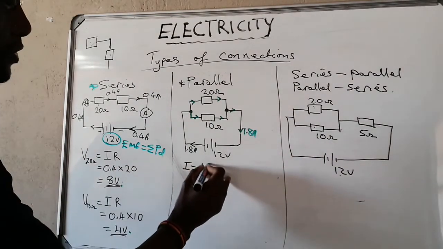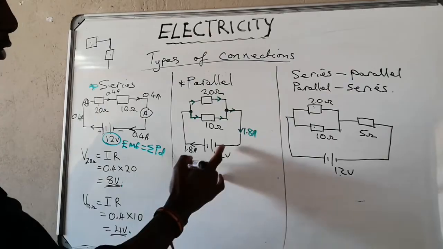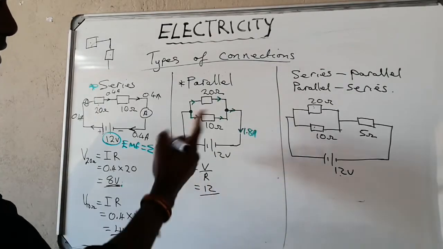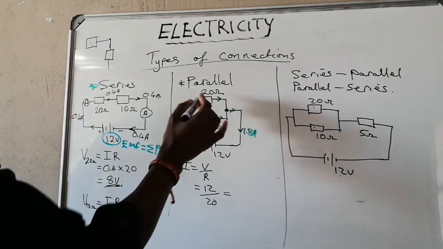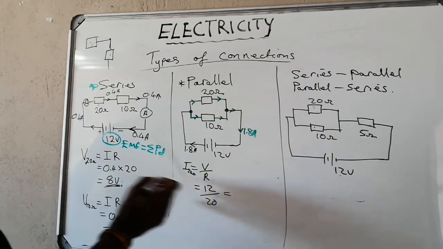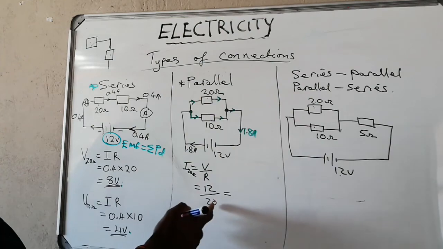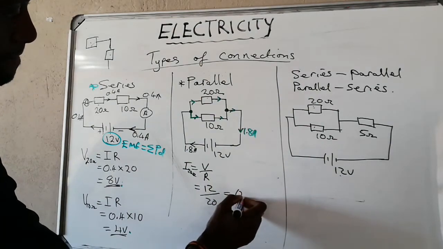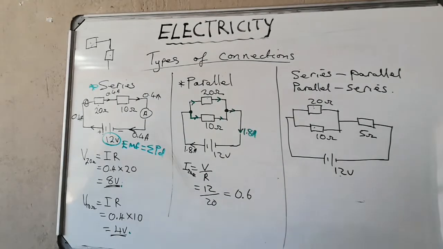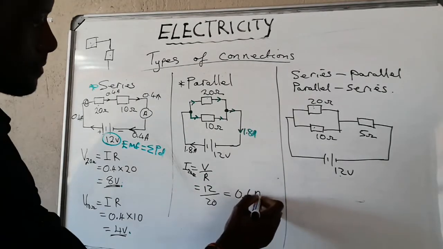Current is equals to voltage over resistance. We know our voltage is the same, so the only thing that is changing is the resistance over 20. So we are calculating for this 20 ohm resistor. 20 into that, we get 0.6 amps.